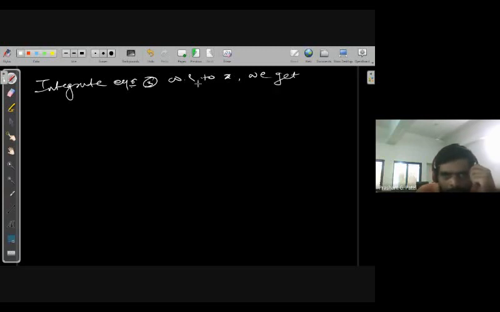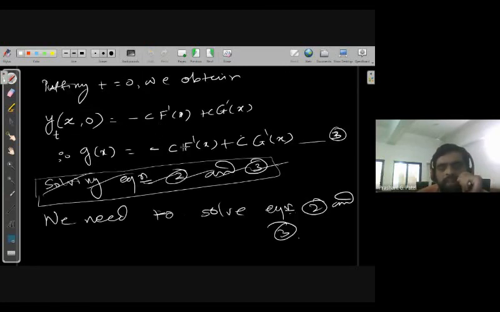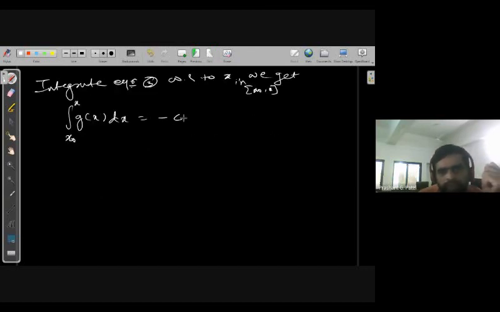We get the integration of g(x) in the interval x0 to x. We are integrating in this interval dx. That is the integration of f'(x), which by the fundamental theorem of calculus gives me f(x), that is minus c F(x) plus c G(x).